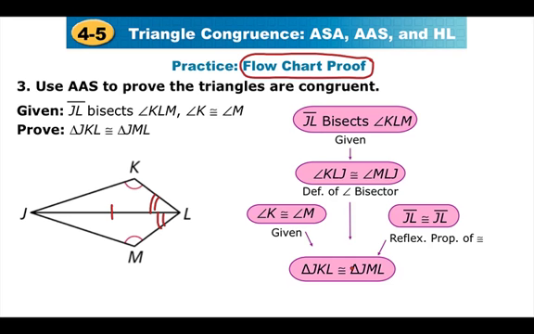What's the reason? Angle angle side. We just showed that angle angle side is congruent to angle angle side. And notice that this is a non-included side. So this is how you prove by using a flow chart proof. Moving on to number 5.